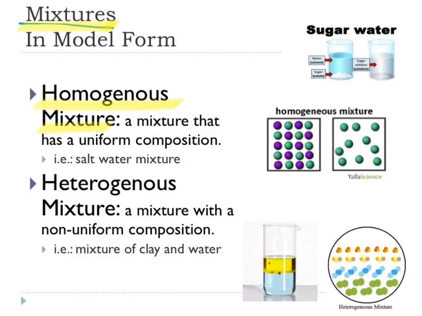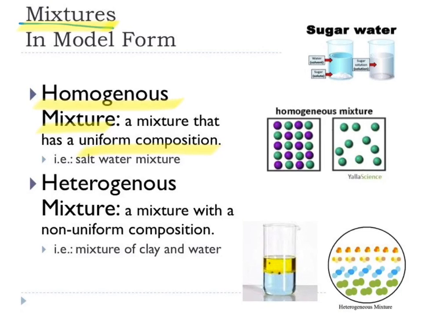So this is a mixture that has a uniform composition. If we all had to wear uniforms to school, we would all look the same because we would all be wearing the same white shirt with black pants or blue pants or whatever. So we would be a uniform composition. We would all look the same.